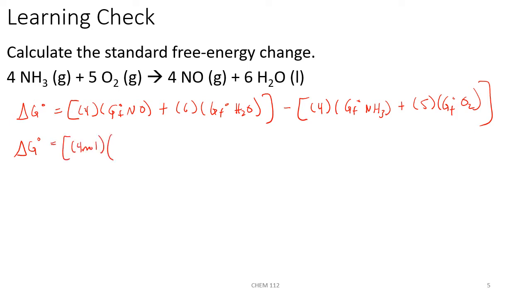4 moles times our free energy of formation for nitrogen monoxide, which is 86.96 kilojoules per mole. Our units of moles are going to cancel, and we'll be left with kilojoules.